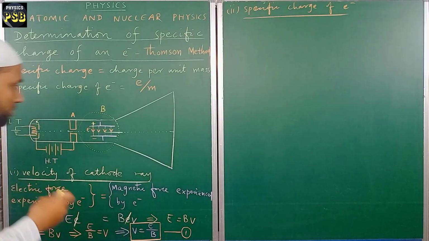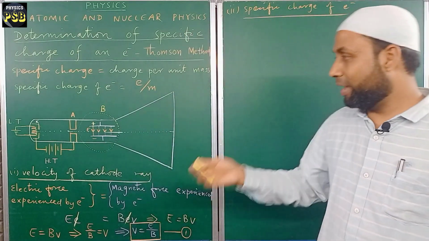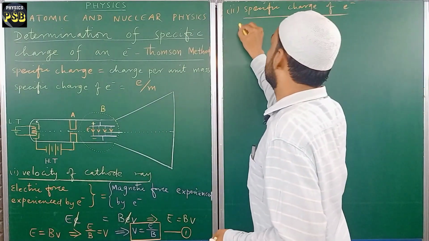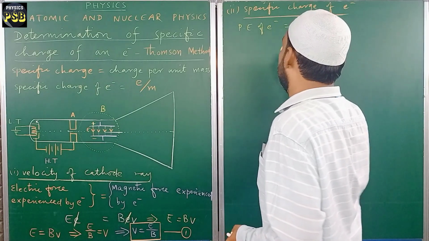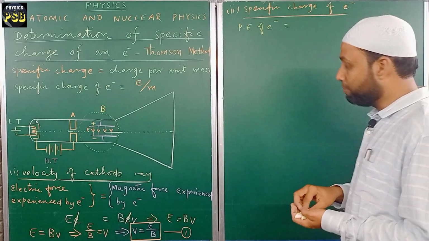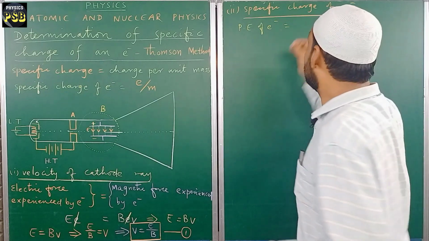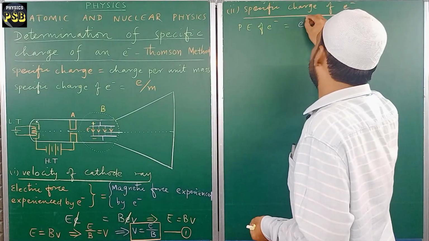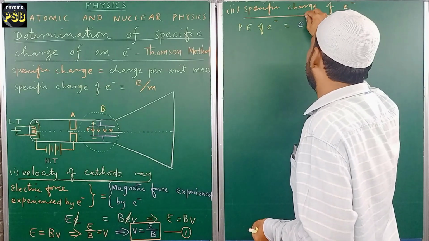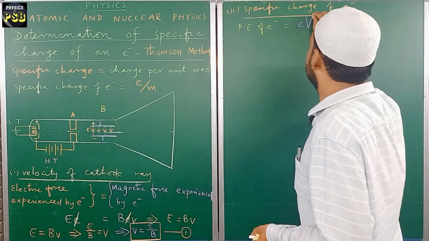So the potential energy of electron is obtained by multiplying the charge of electron with the potential or voltage, that is V.